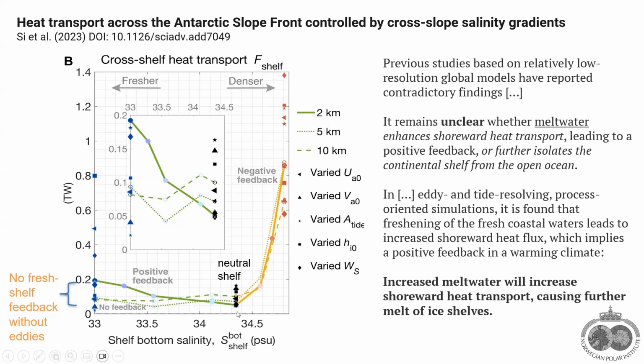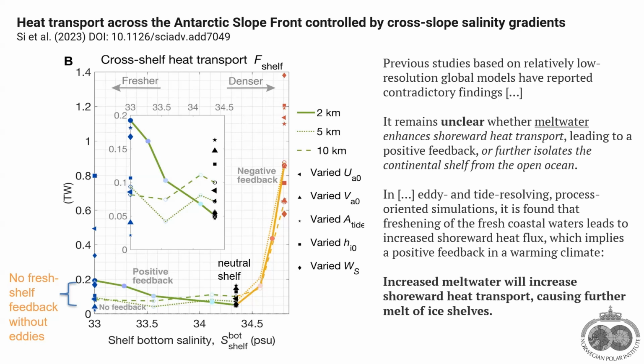What you see there is this full green line, whose rate is increasing as you increase the density gradient, meaning that you get more heat transport onto the shelf, which is a positive feedback if you think dynamically that the freshening is coming because of ice shelf melting or meltwater in there.